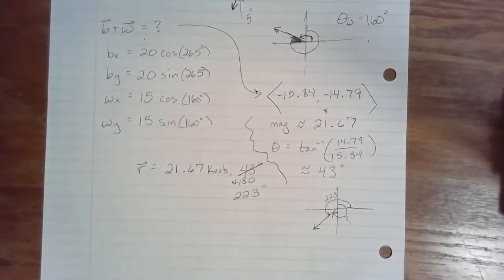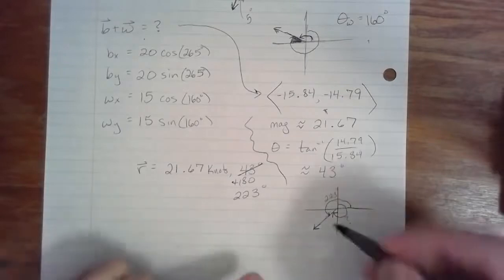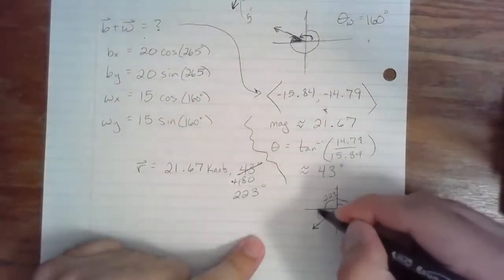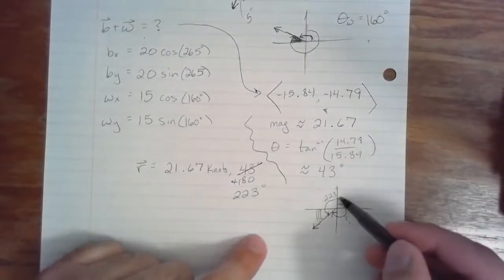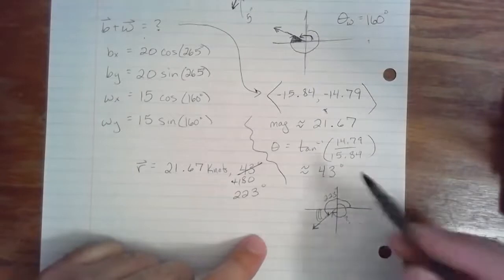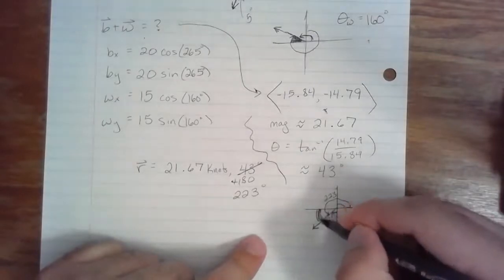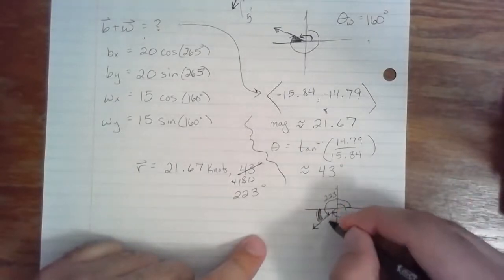Well, there's some good news here. Because we already know that this little part here is 43 degrees, and we know that because this is 180 plus the 43, because this part is 43 degrees, this part down here must be 47 degrees.